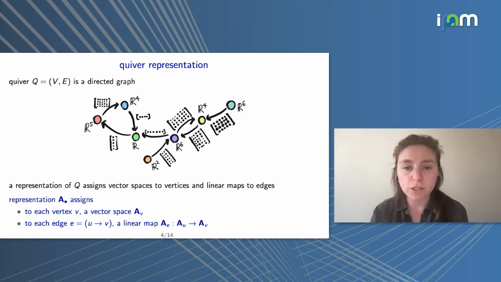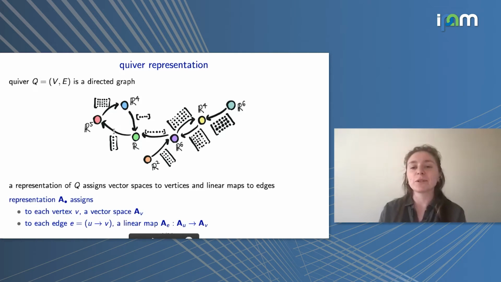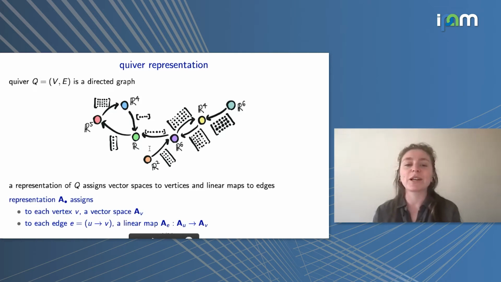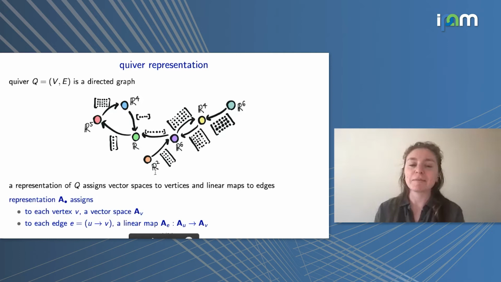So I was just looking at this example. Hopefully not every vertex has out degree 1. Yeah, I think at this vertex here we've got 2 arrows going out. But any pattern of arrows is allowed. This is not the best choice of a generic type of quiver. We'll see a better choice a bit later. Thanks for the question.